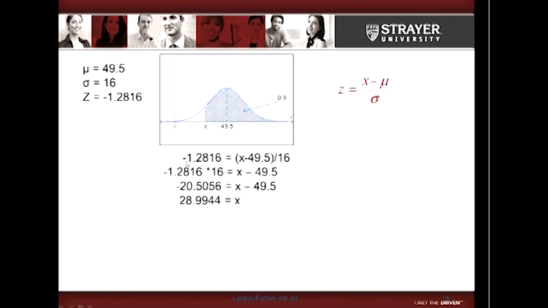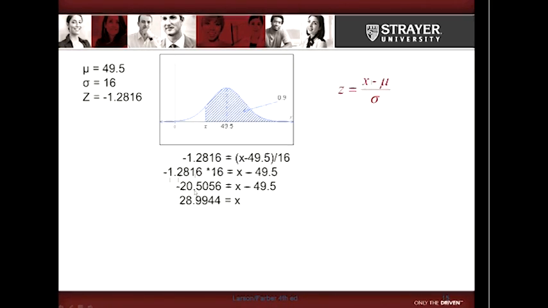So since we know the z from the calculator, then we have x minus 49.5 over 16. Multiplying both sides by 16, I get negative 1.2816 times 16. Now, the problem said to leave intermediate values out to 4 decimal places, so that's what I've done.